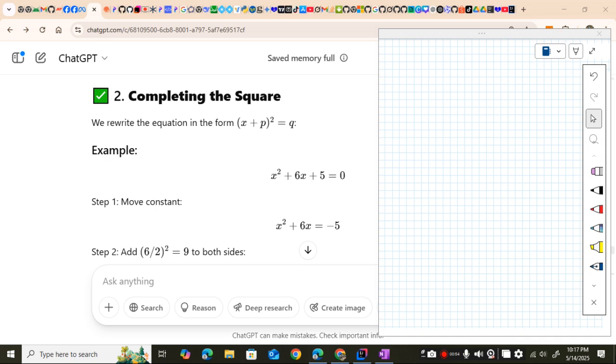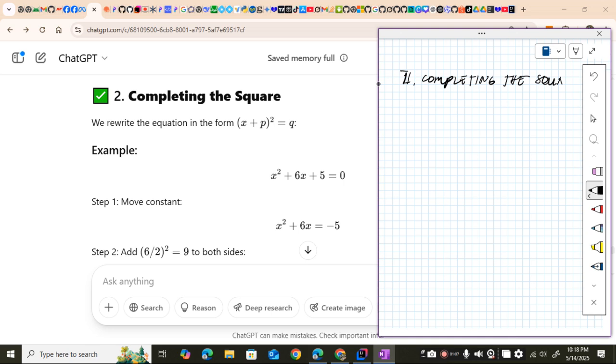Now, here in my note, let me discuss the second method, which is completing the square. And as with the previous episodes, we consult an example from the AI ChatGPT. Here he has an example, which is x squared plus 6x plus 5 equals 0.